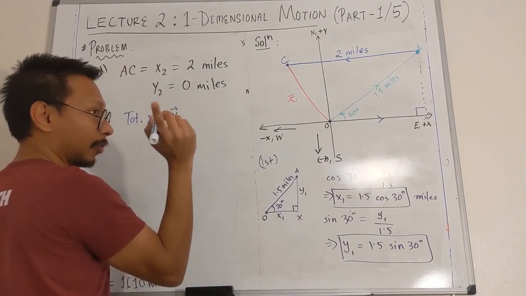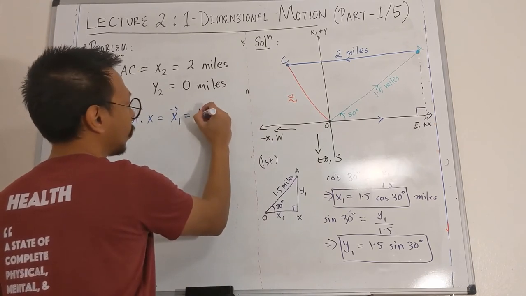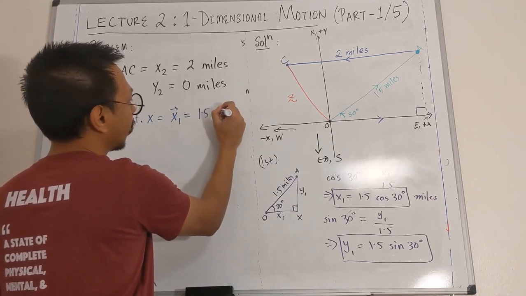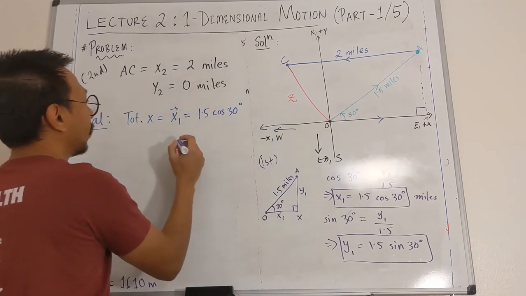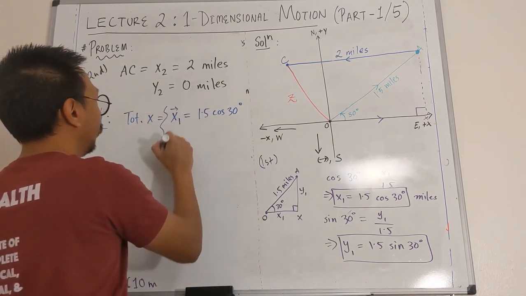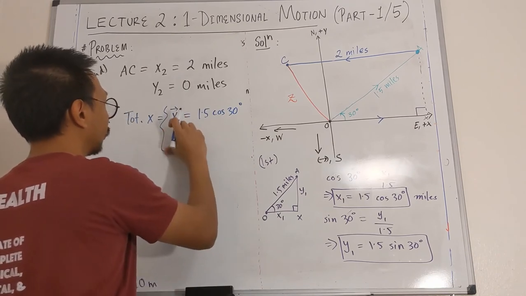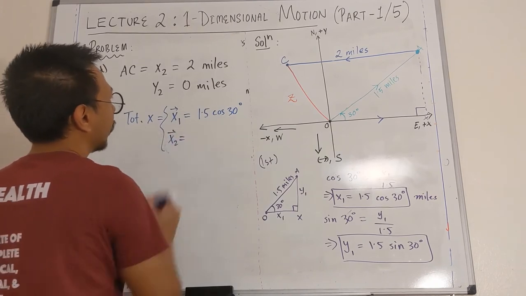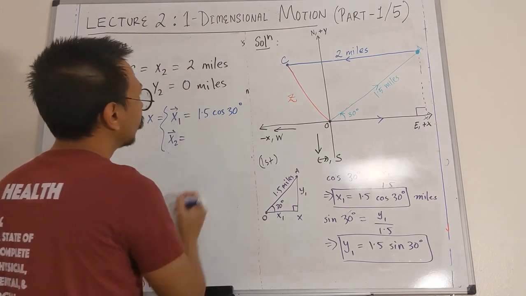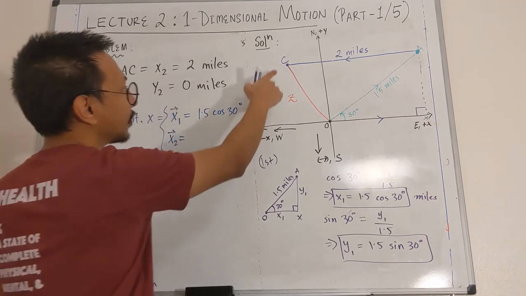Remember we're dealing with vectors, so x1 is positive 1.5 cosine 30 miles, and x2 is 2 miles.